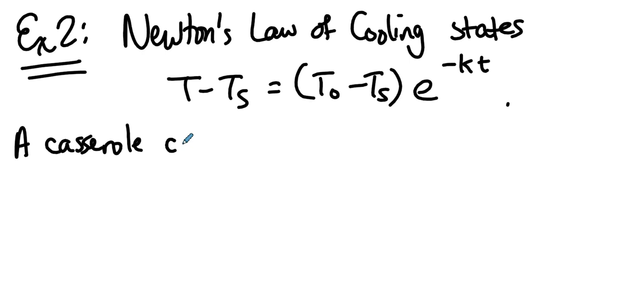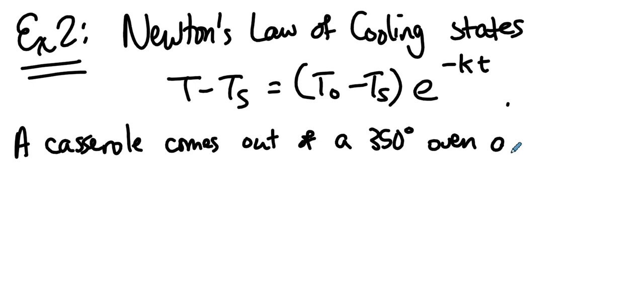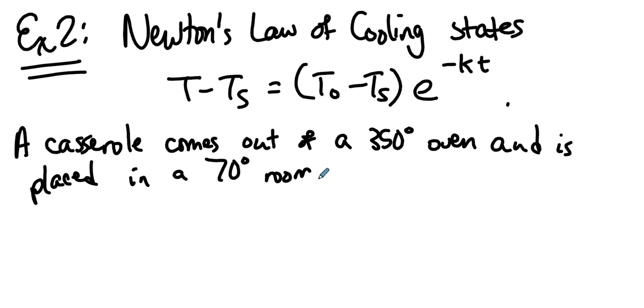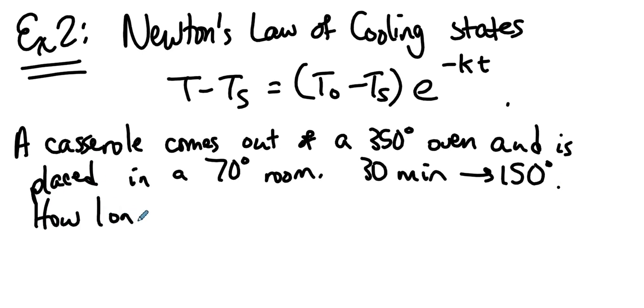The casserole comes out of a 350-degree oven and is placed in a 70-degree room. 30 minutes later, the casserole's 150 degrees. How long till it's 100 degrees?